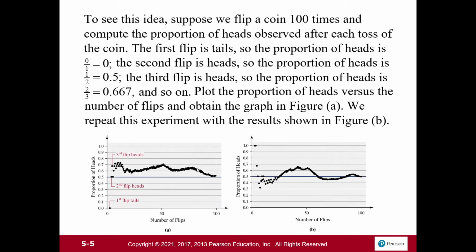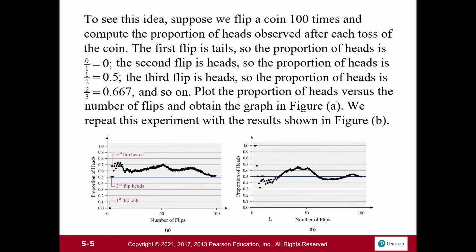So let's take a look at these probabilities here. So here's the proportion of heads. Notice that by the 100th flip, the proportion of heads is very, very close to 0.5.